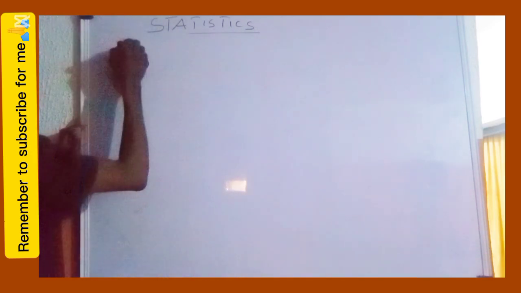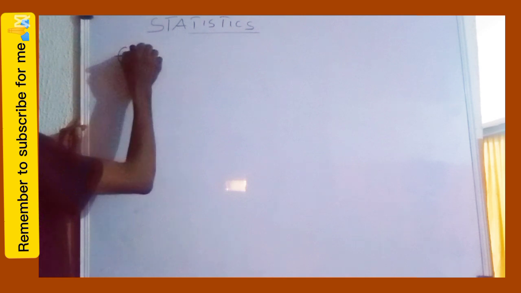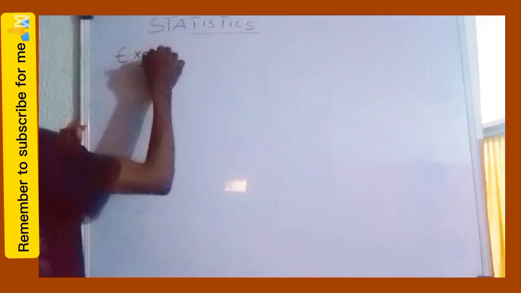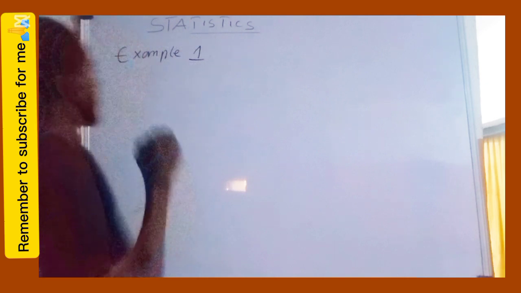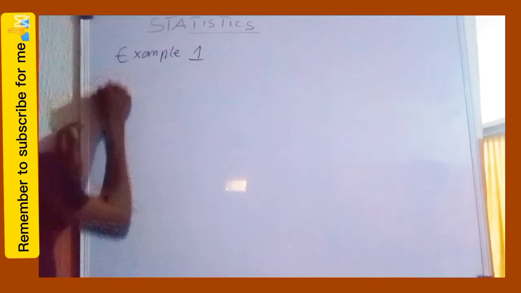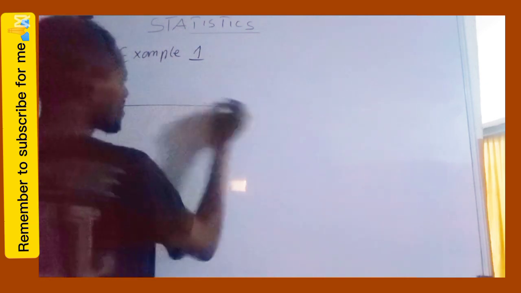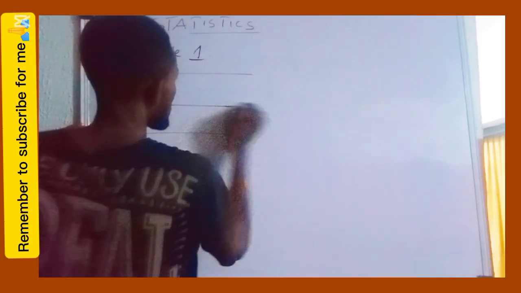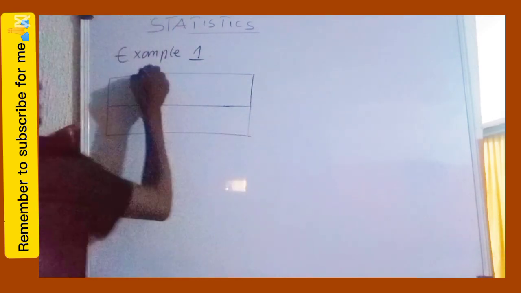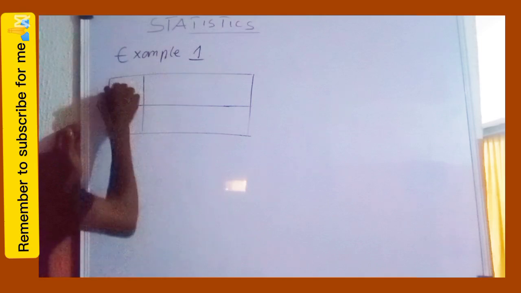Okay, what we are going to do is this. Let us call this one example 1. In this example 1, I have a table that goes this way. The random variable I'm interested in is x.